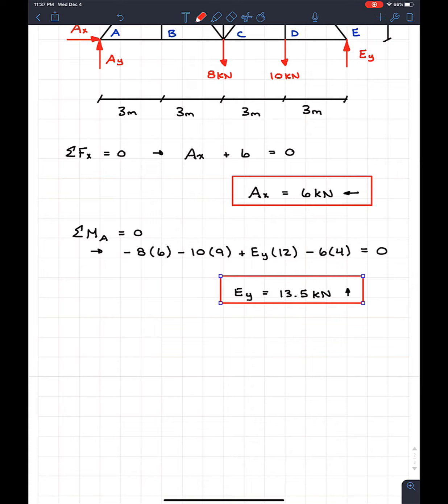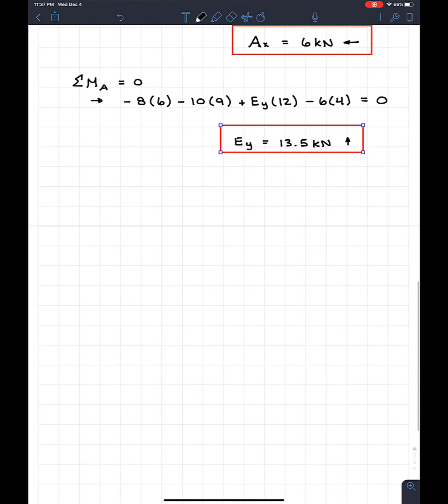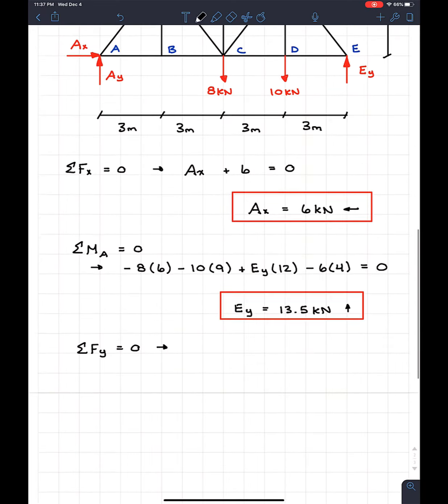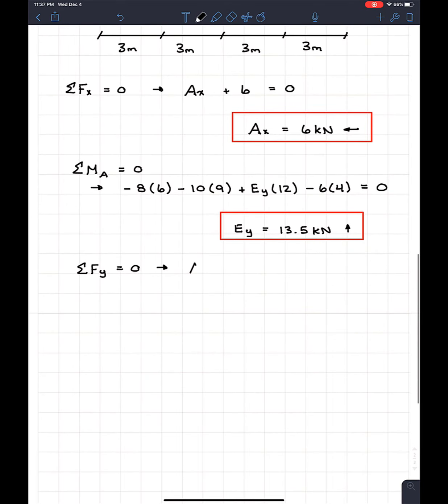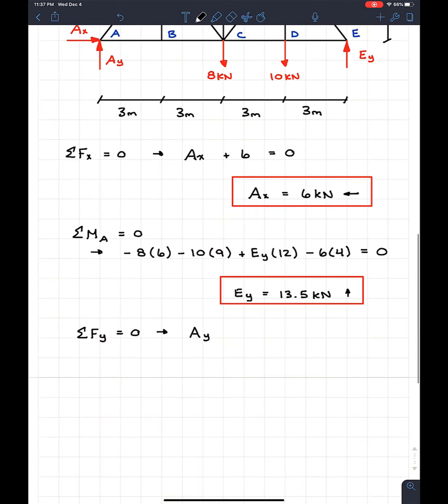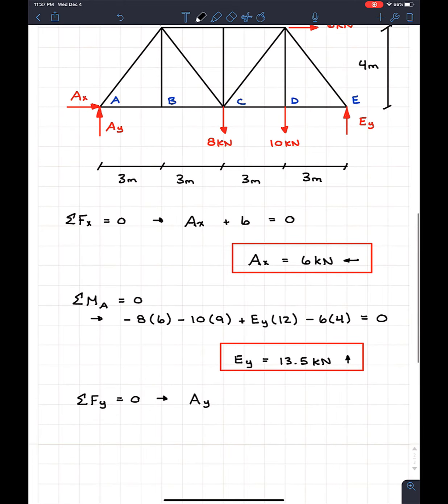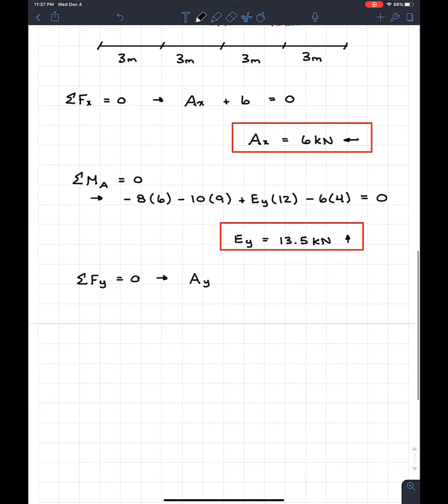Well, we can just go to our sum of the forces in Y to finish it up. So if I come down here and I go sum of the forces in Y equal to 0, I can just go from left to right on the beam. Looking at the very left side, we got AY going up. Then coming across, we have an 8 kilonewton force and a 10 kilonewton force going downwards.